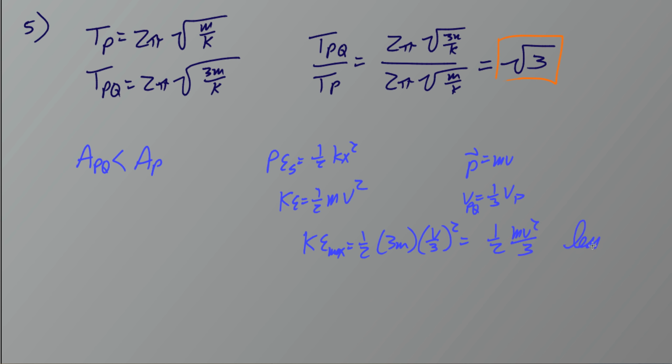So we have less kinetic energy in this new configuration. If we have less kinetic energy at its maximum kinetic energy, that's going to lead to less spring potential energy when that kinetic energy is 0, when you're at maximum amplitude. Therefore, less amplitude at PQ.